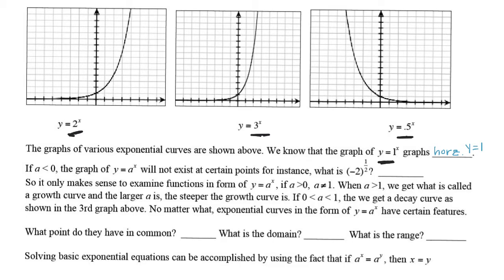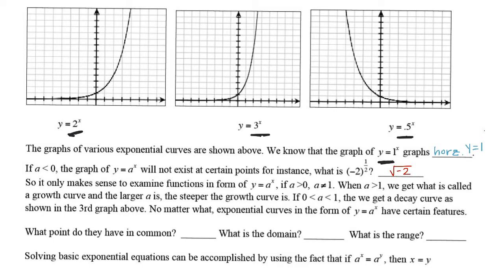Also, it goes on to tell us that if a is less than 0, sometimes we won't get an answer back. For instance, if we had -2 raised to the 1/2 power, that's really talking about the square root of -2.